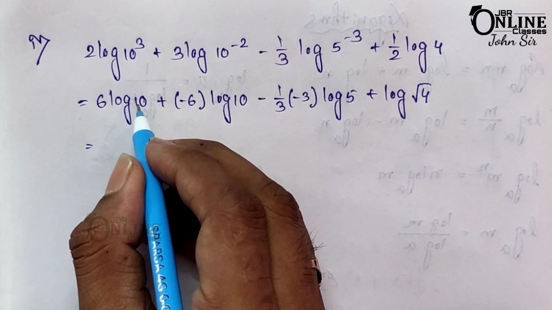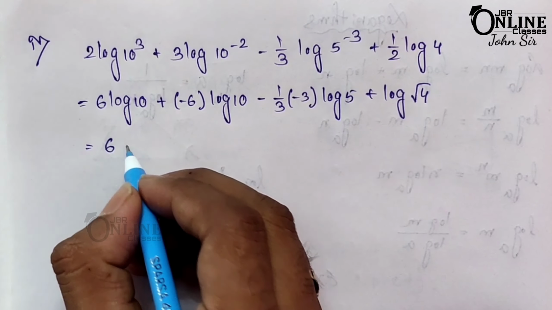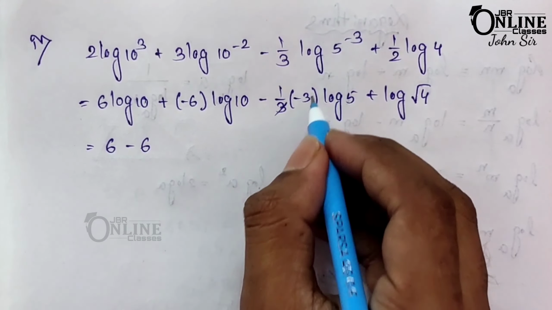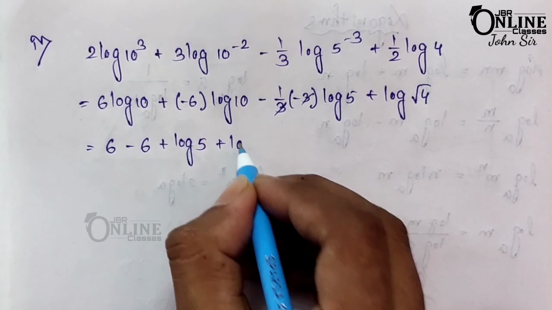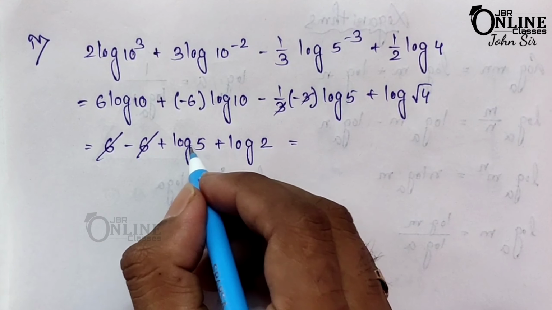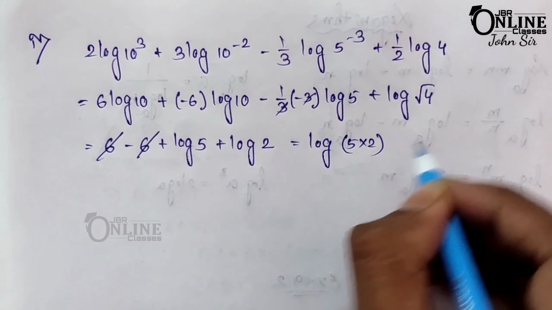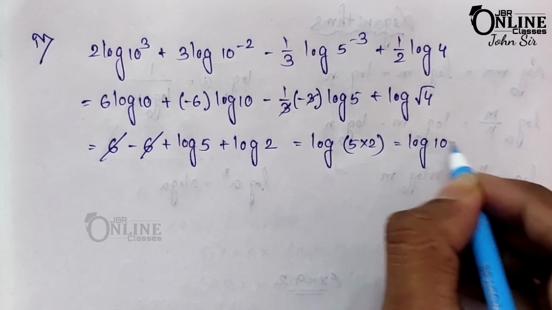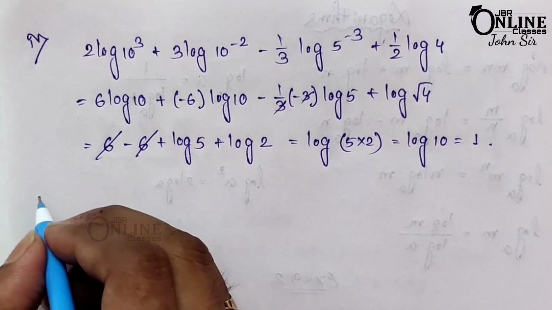So 6 log 10, log 10 means 1, so it will be 6, here minus 6, so 6 cancels out, 3 cancels out, so plus log 5, and the last one log 2. Now log 5 plus log 2 means log 5 into 2, so it will be log 10. The value of log 10 equals 1, so the final value equals 1.